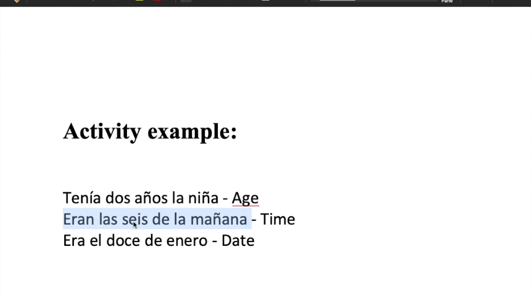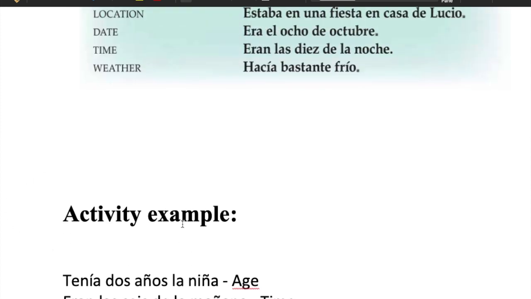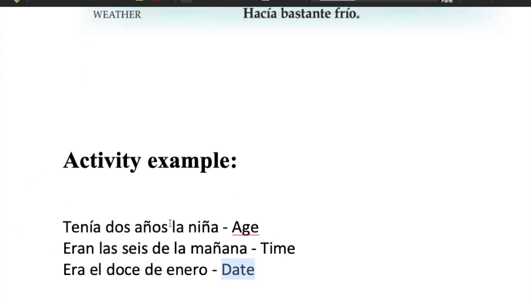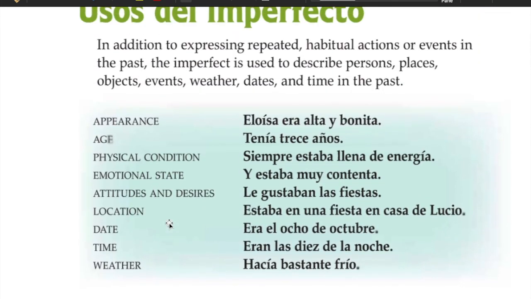It was 6 in the morning. And that is talking about time. Era el 12 de enero. It was the 12th of January. And so that is date. Okay, so this is just an example of showing you how these questions will show up in your worksheet.